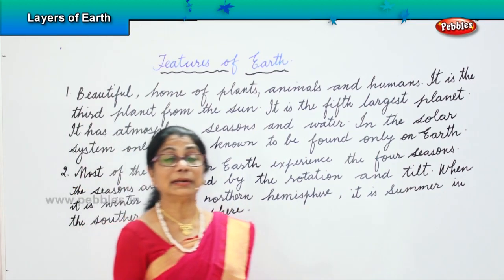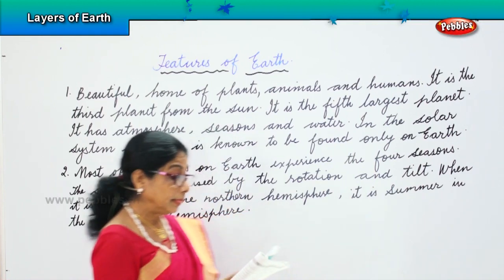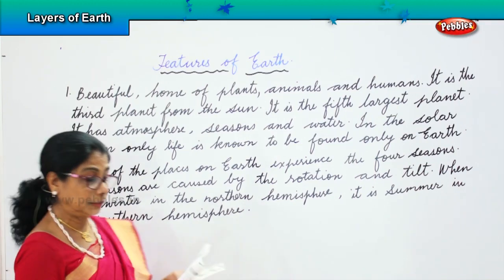And when it is summer in the northern hemisphere, it is winter in the southern hemisphere. That is the second. Next, we look at the third feature of the earth.